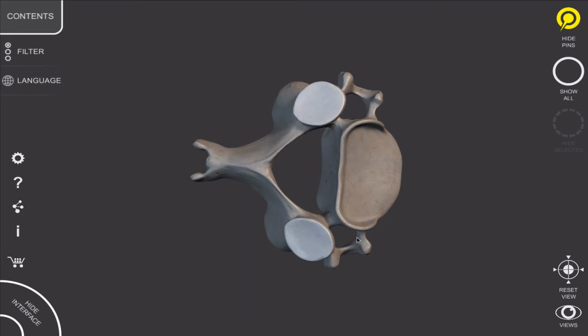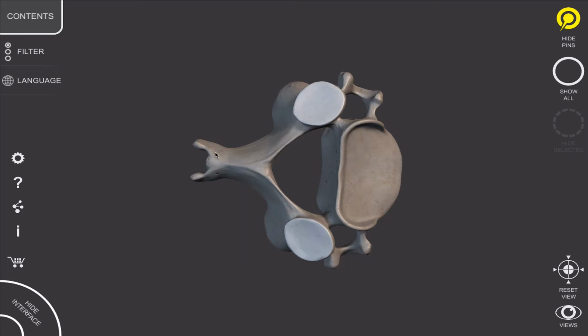Transverse processes of all the cervical vertebrae have holes in them because an artery actually runs up both sides of your neck through these holes and ultimately up into your brain. It's called the vertebral artery. So this is a unique feature of a cervical vertebrae.